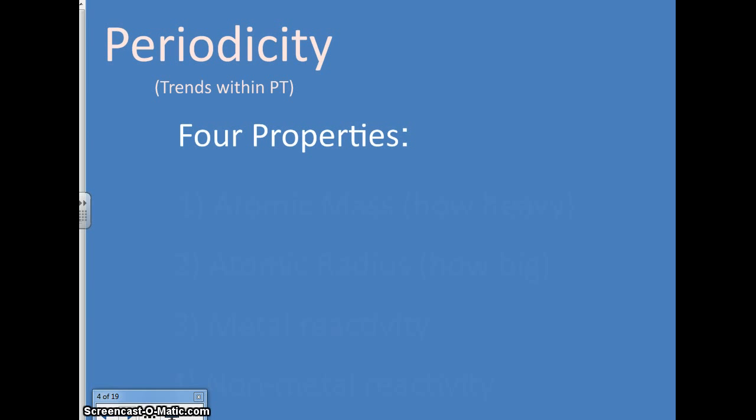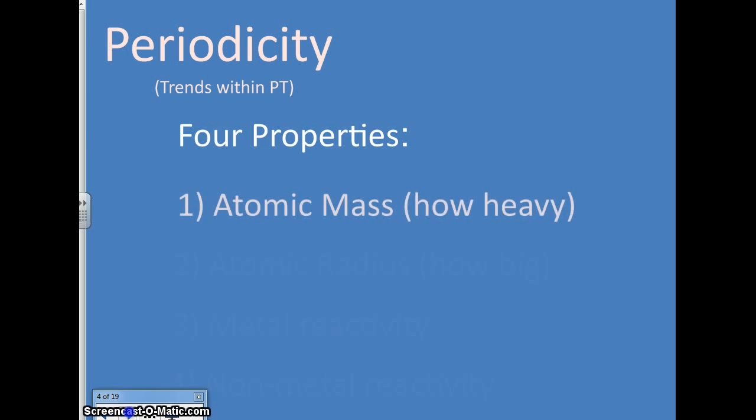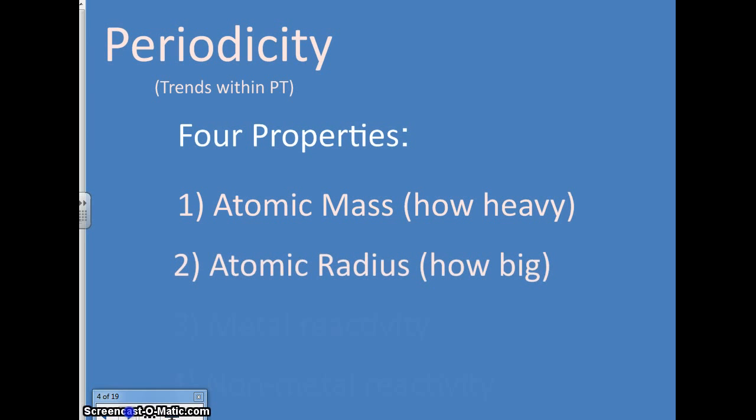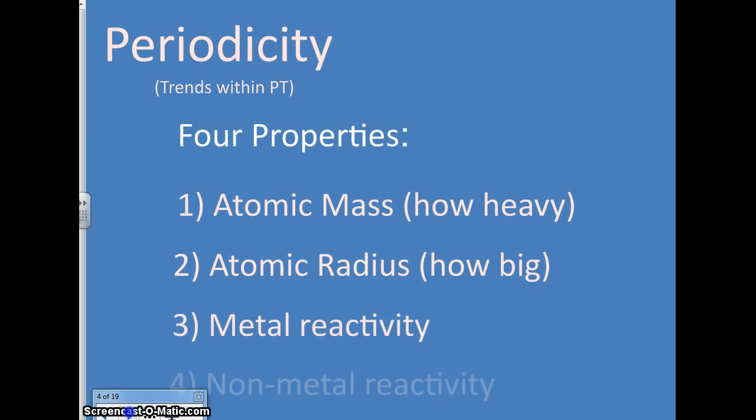There's 4 properties that we're going to be taking a closer look at. First is atomic mass, how heavy these atoms are. Then atomic radius. And in a later lecture, we'll be looking at both metal reactivity and non-metal reactivity.